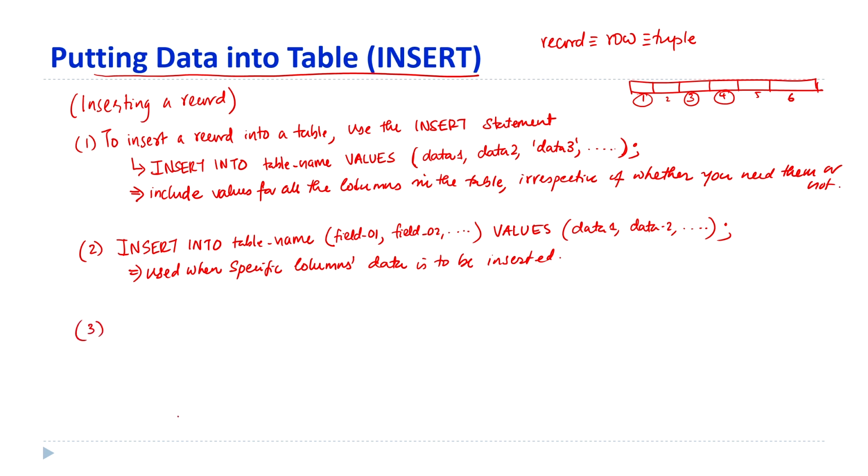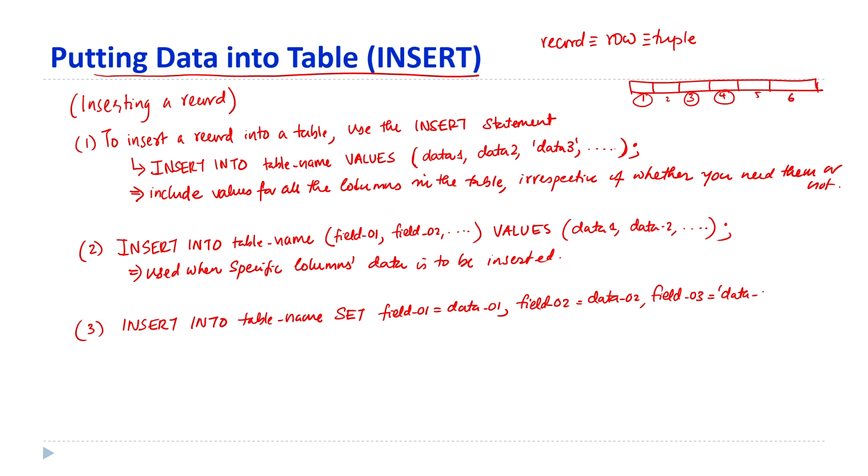Then comes the third approach: insert into table name, set, field 1 equals data 1, comma, field 2 equals data 2, field 3 equals data 3, semicolon.